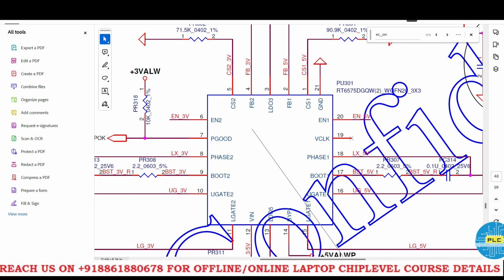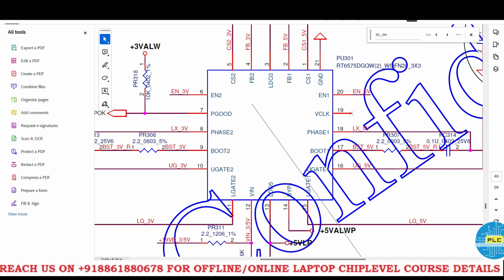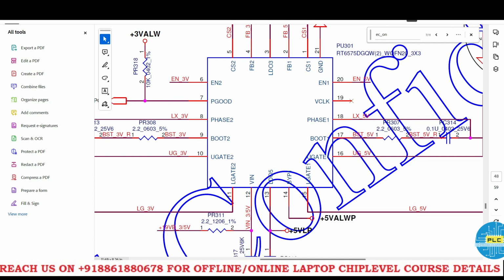See, in case enable 1 is active, here previously we got 3 volts and 5 volts LDO, right? It means this IC receives the supply from 19 volts and releases the LDO voltages, and after that once it receives enable 5V, then enable 1, boot 1, upper gate 1, lower gate 1 and finally phase 1 will be active.